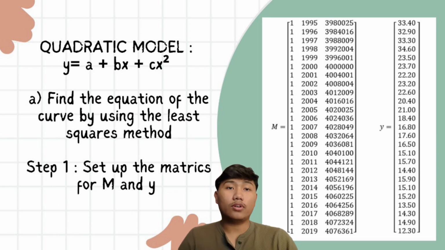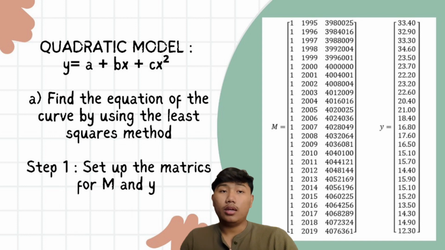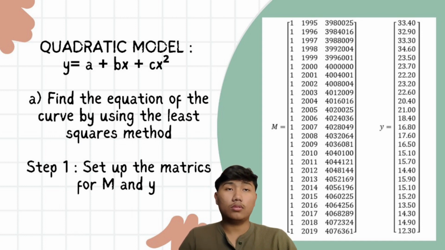So for step 1, we need to set up the matrix M and Y. In the matrix M, in the first column, we need to put the number 1 for each row until 25 rows, and then in column 2, we need to put the year from 1995 until 2019, and then column 3 for M is the square of the year from column 2.